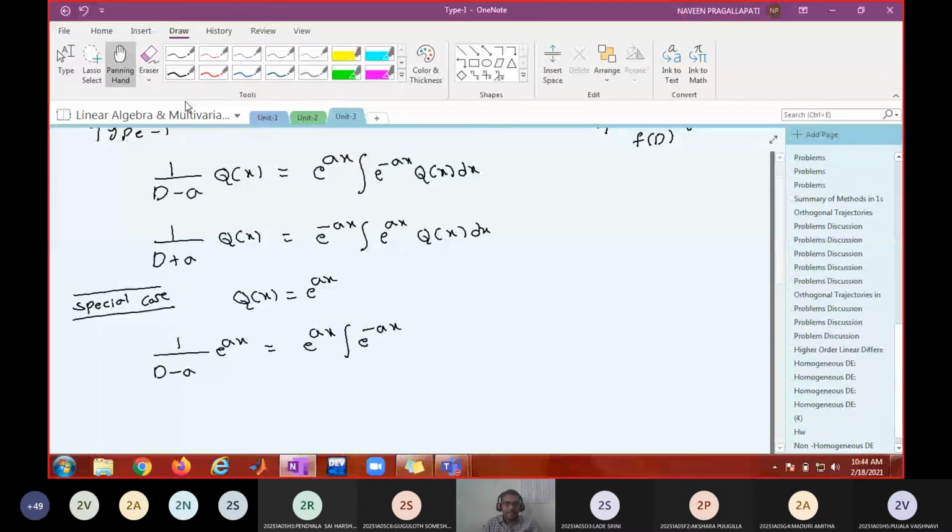Q of x is e power ax. These two get cancelled. Integral of 1 is x. So it is going to be x e power ax. Agreed?